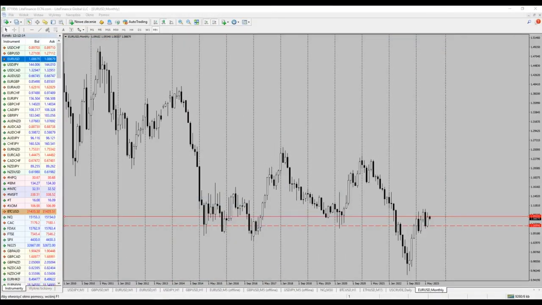So this is the euro dollar monthly chart, and we are right now bouncing around the mid of the very old consolidation established between 2014 and 2016, as you can see over here. And why is it so important?